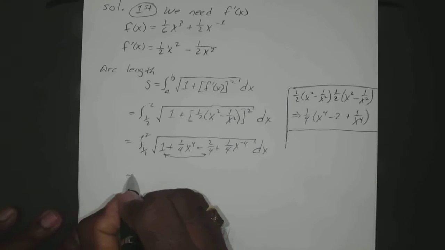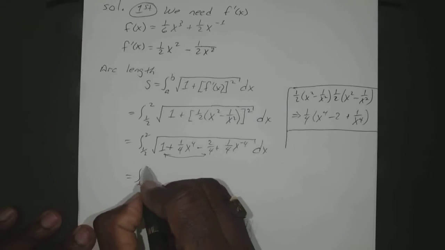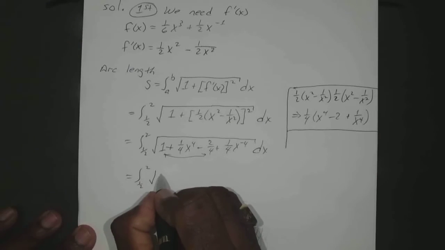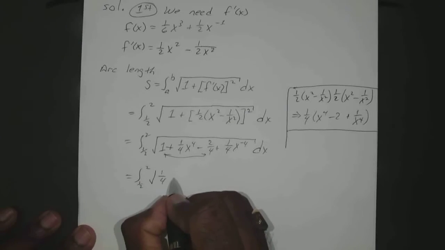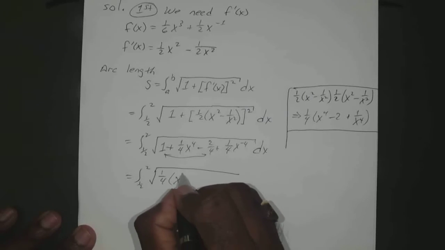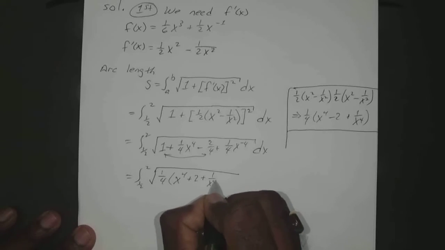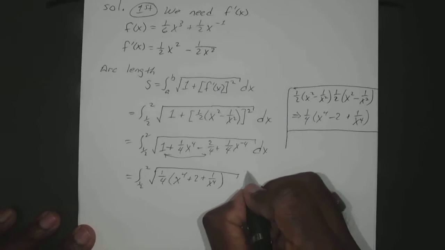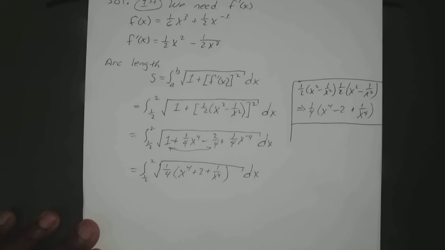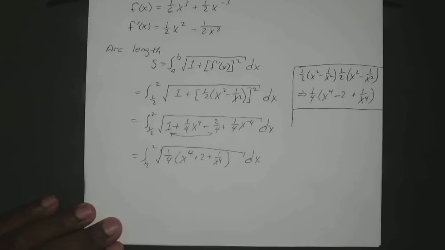Okay, so that gives us from 1/2 to 2 square root of 1/4. Factor that out. X to the 4th plus 2 plus 1 over x to the 4th with respect to x. Let me clean that up a little bit.